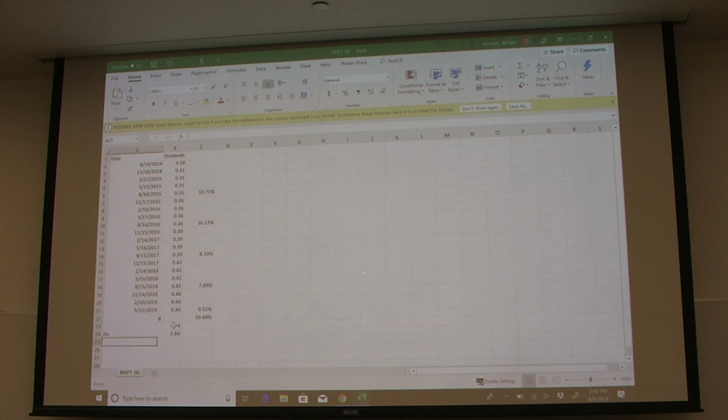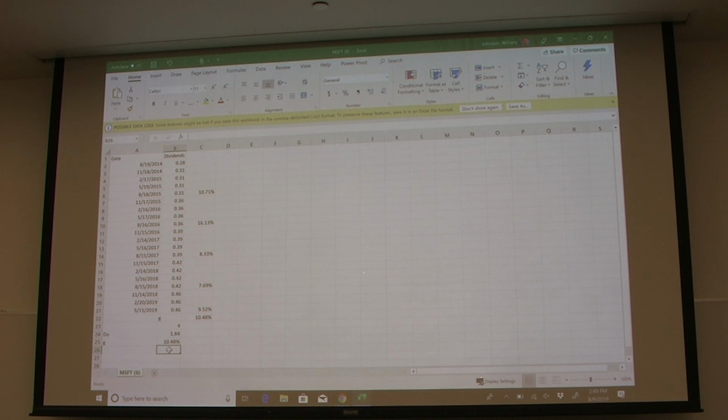Now we need to estimate what our next dividend is going to be, so we need the growth rate. We estimated the growth rate to be 10.48%, so our G is this number. We take our dividend times 1 plus our growth rate.